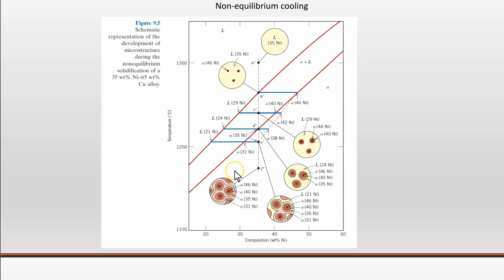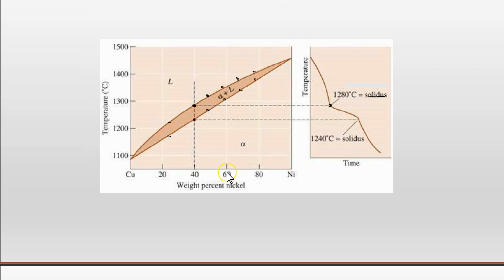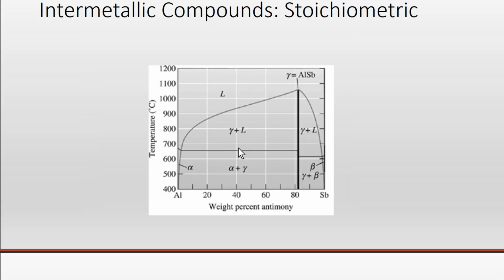So we've looked at a system where we have unlimited solubility between the two components, and there is only one solid phase. However, it is possible for there to be limited solubility between the components. In this case, we've got aluminium and antimony.